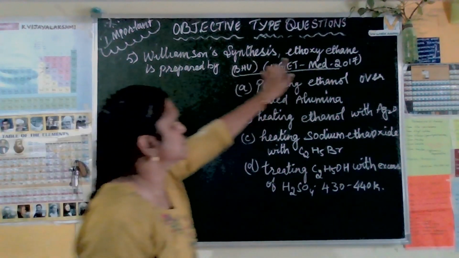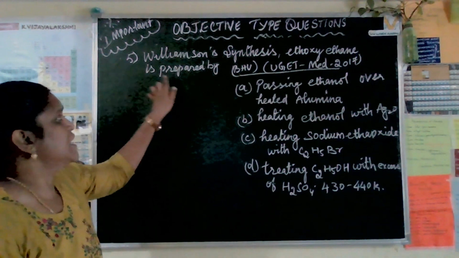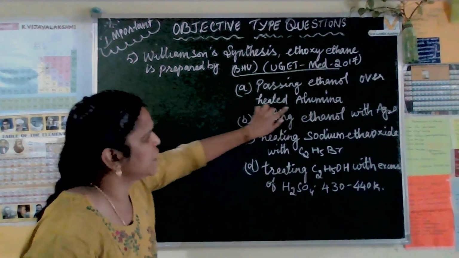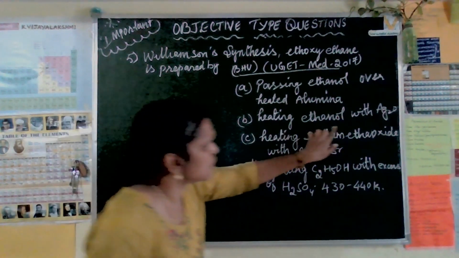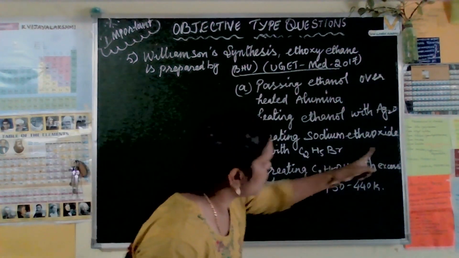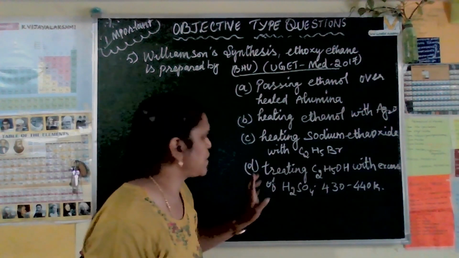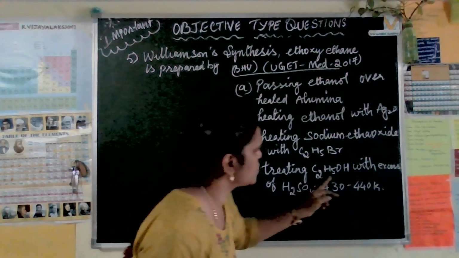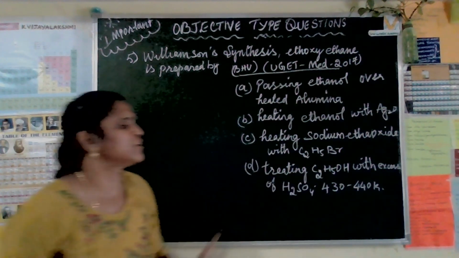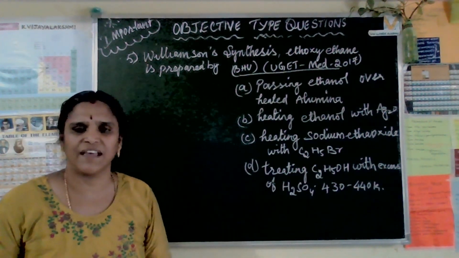Williamson's synthesis. Ethoxyethane is prepared by passing ethanol over heated alumina, heating ethanol with Ag2O, heating sodium ethoxide with C2H5Br, or treating C2H5OH with excess H2SO4 at 430 to 440 Kelvin.